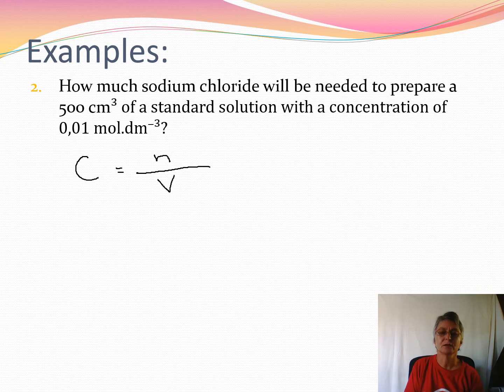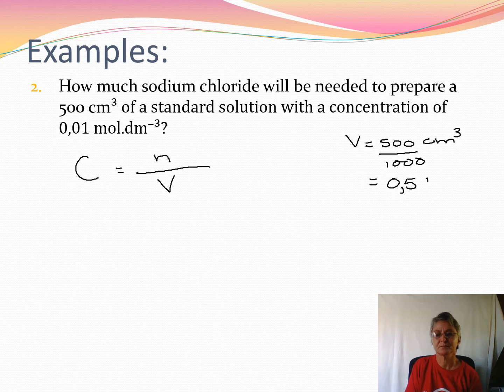The problem here is that volume is in cubic centimeters and it must be in cubic decimeters. So you need to divide that by 1,000 to get to cubic decimeters.